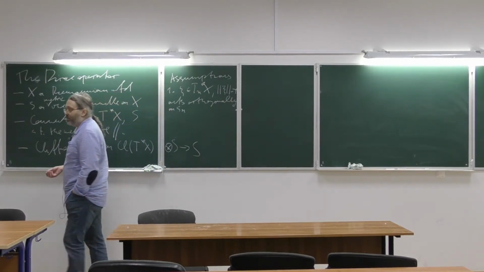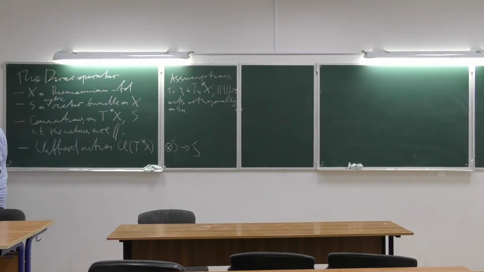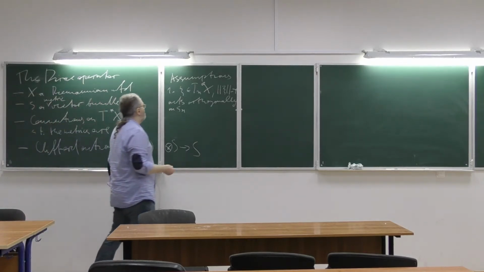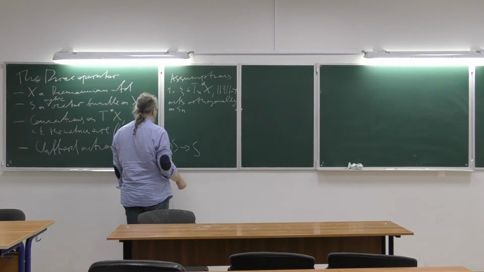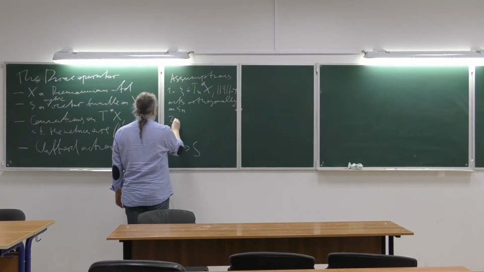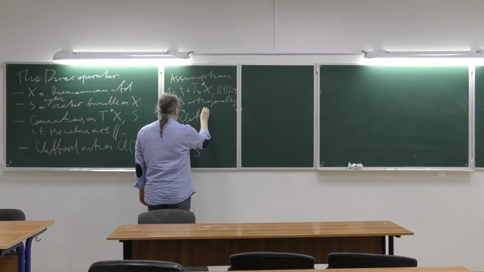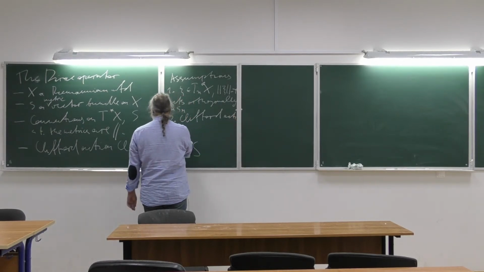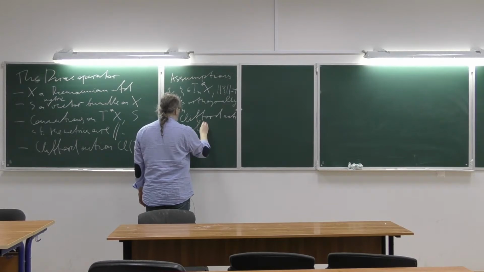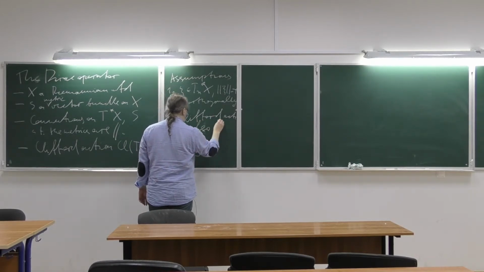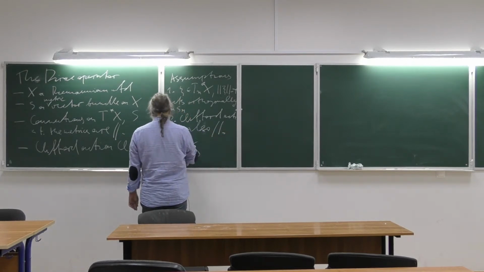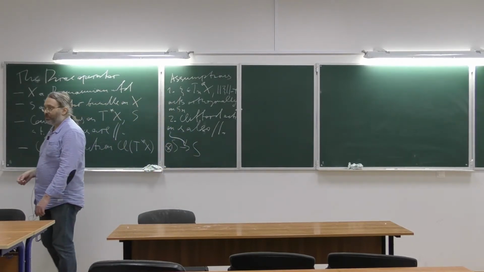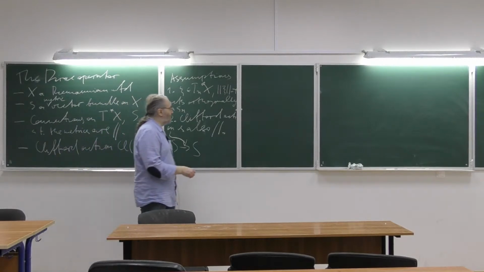Assumption 1: each unit covector, each covector of unit length, acts orthogonally on the fiber of S. And the Clifford action we also assume to be parallel.